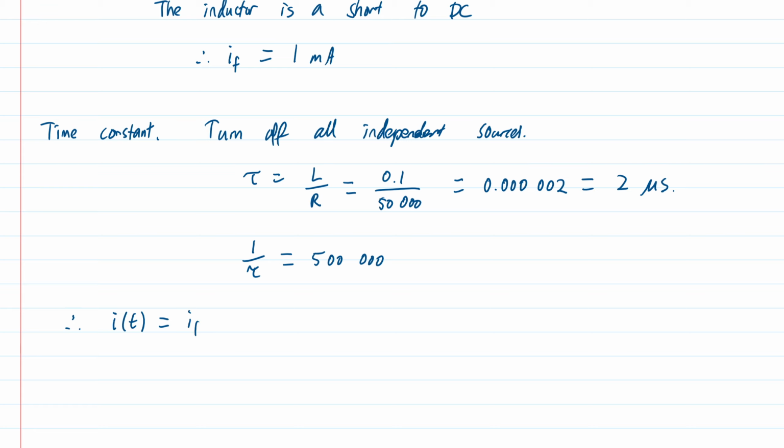So our general solution is IF plus (I naught minus IF) times e to the minus t over tau. So we can just substitute in the numbers that we have. So I final is 1 milliamp.